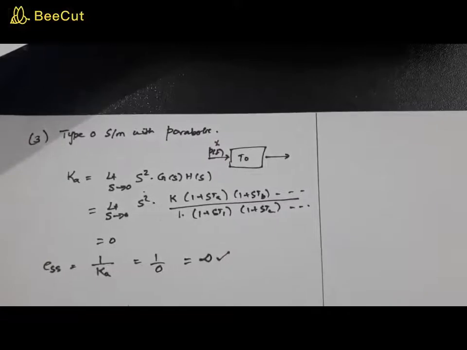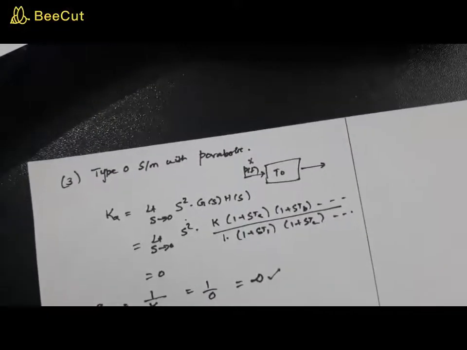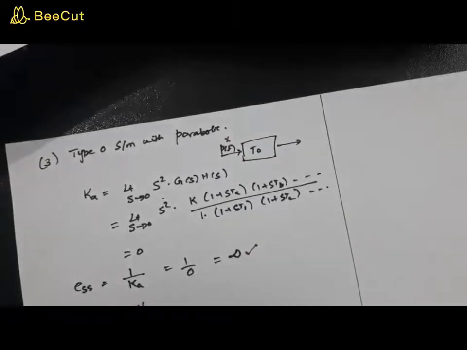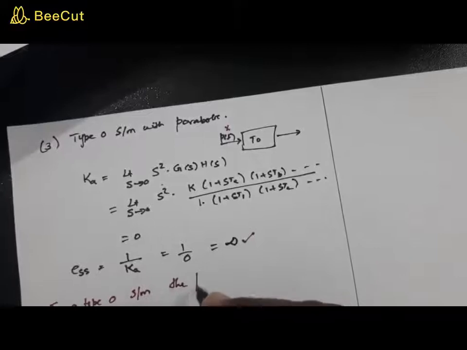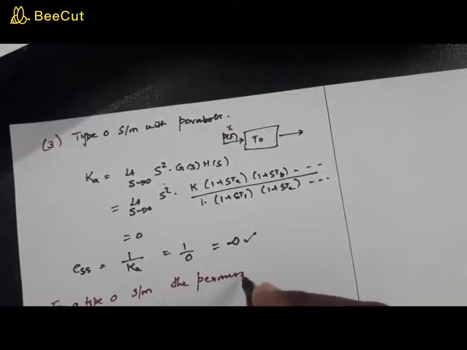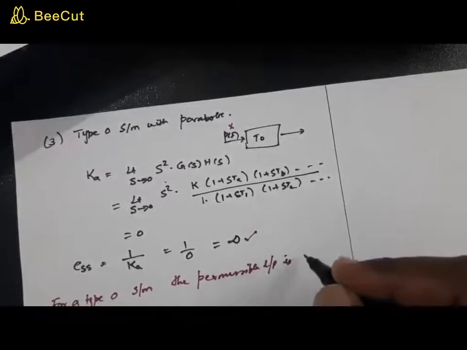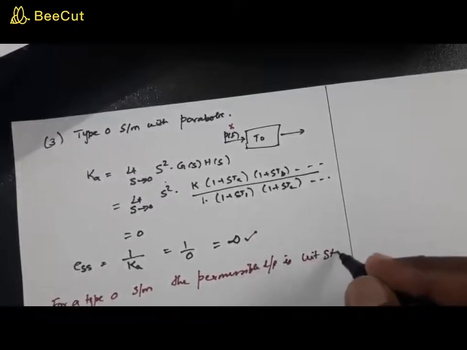So from this discussion, we can see that for a type 0 system, the permissible input is the unit step. Why?